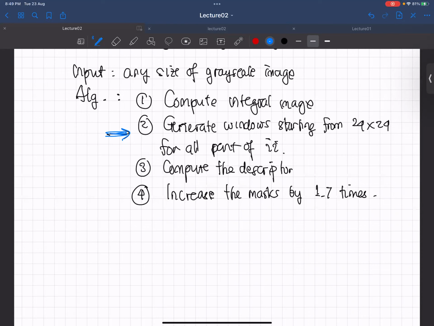In that case, you don't need to increase the resolution of your patch, but you increase the resolution of your mask. So it will be more efficient because we don't really need to scale the patch into 24 by 24 anymore. Okay? Because now every block operation can be done more efficiently.